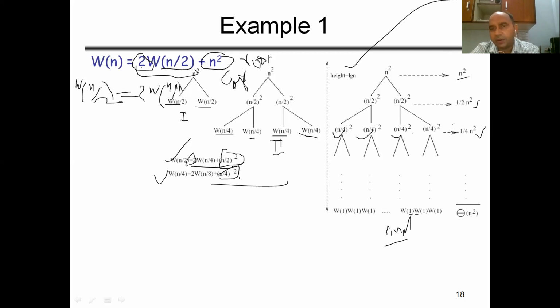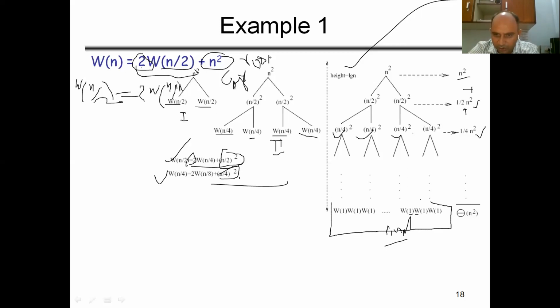Finally, I have to sum up all the costs. So how can we calculate this cost? We know that from the zero step to the last step, I can divide the total cost into the cost from zero to the second last level plus the cost of the last level. So I have to calculate the cost of the last level.